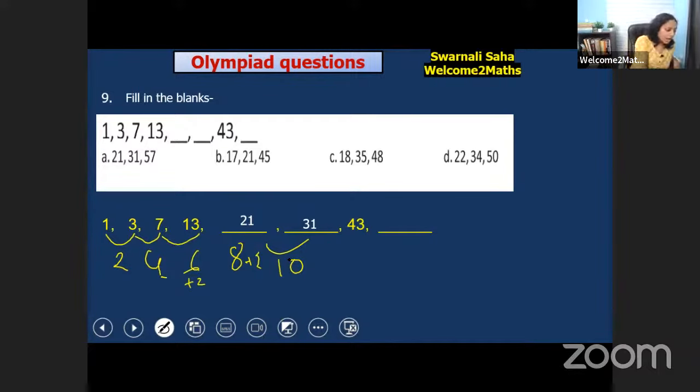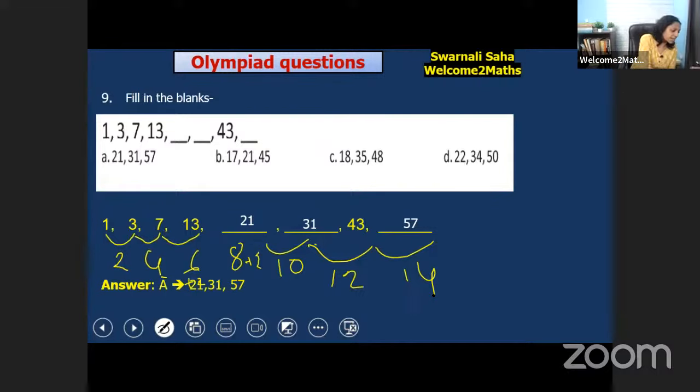Now the next difference would be 10 plus 2, 12. So 31 plus 12 is 43. The next difference would be 12 plus 2, which is 14. So 43 plus 14 is 57. So that is the answer.